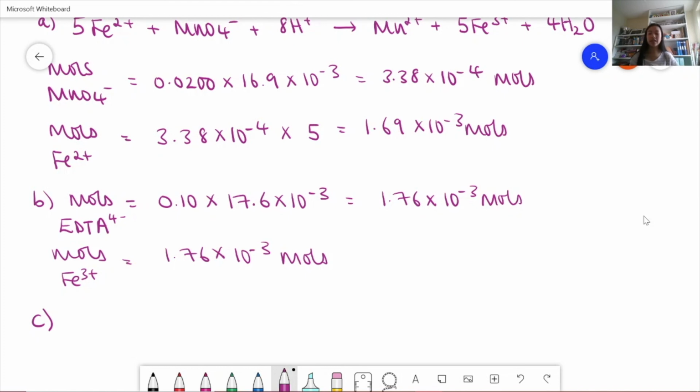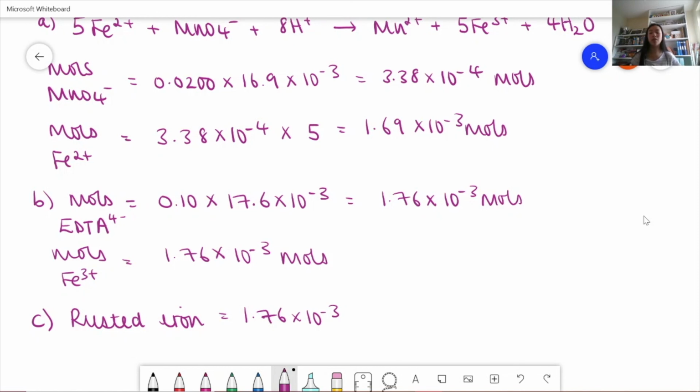And so this means that the amount of rusted iron is equal to 1.76 times 10 to the minus 3, which was basically the total.